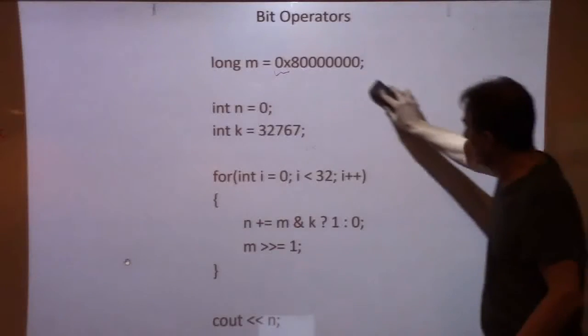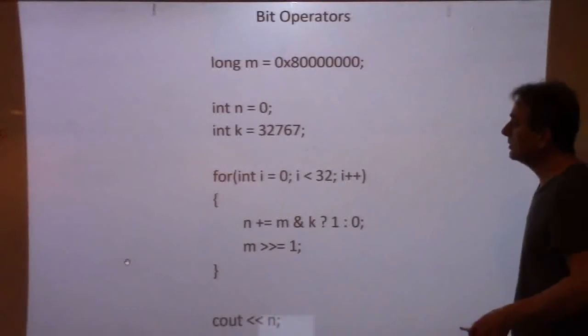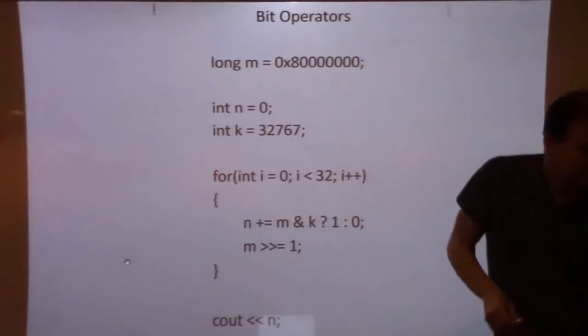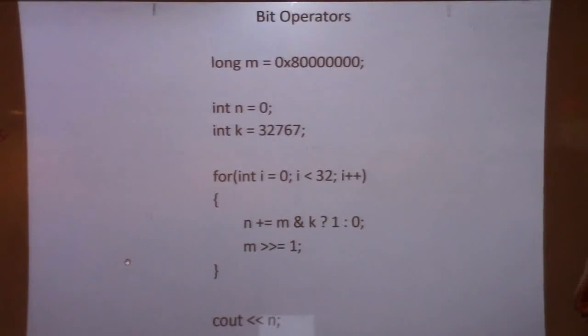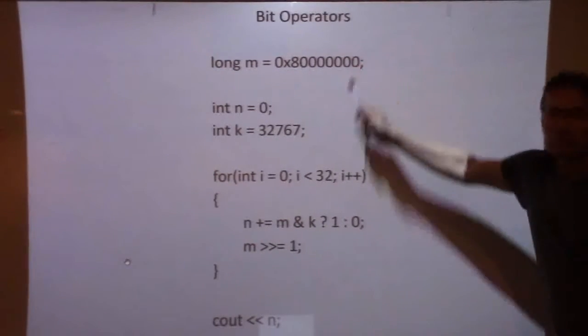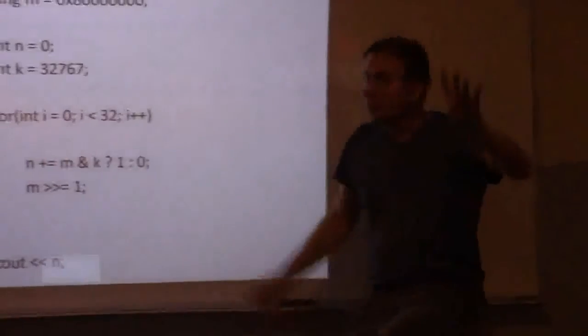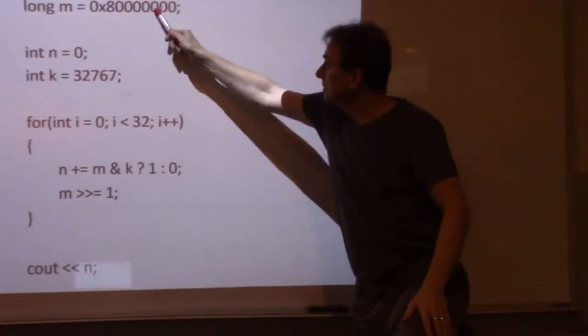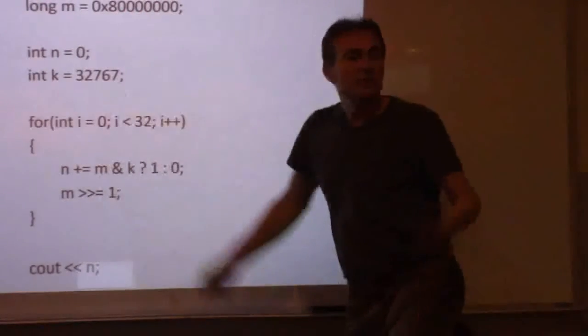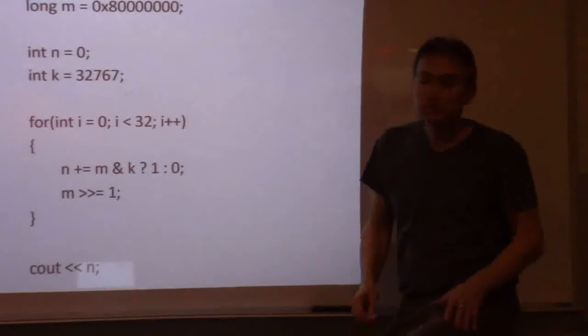So when we have this number here, how many bits is this number? Each of these digits represents 4 bits. So how many do you have? 1, 2, 3, 4, 5, 6, 7, 8. 4 times 8 is 32. So our long is 32 bits.